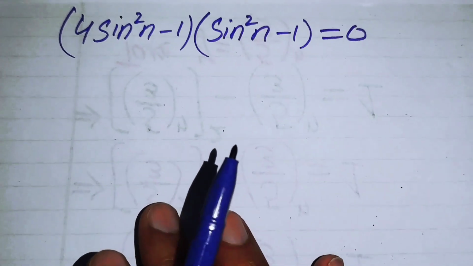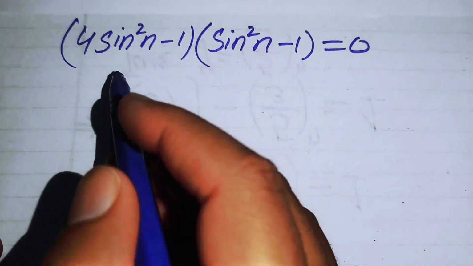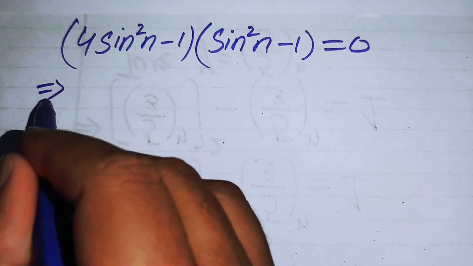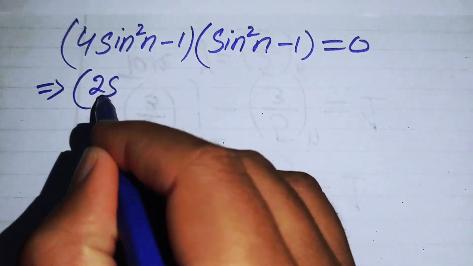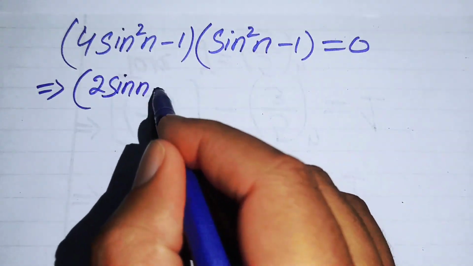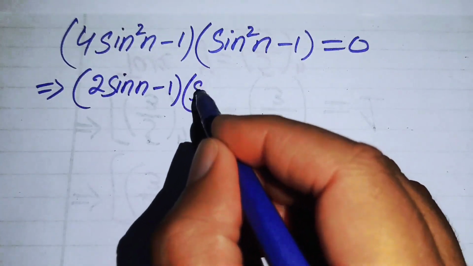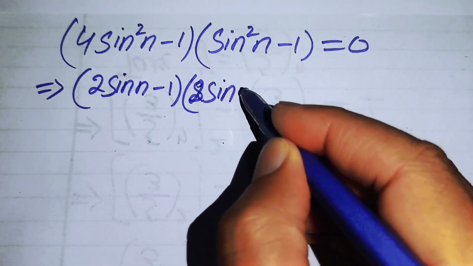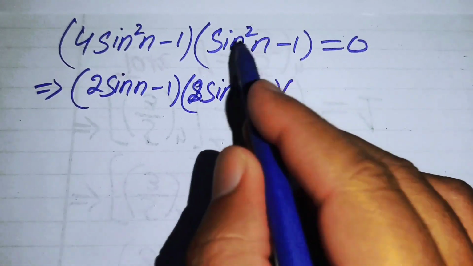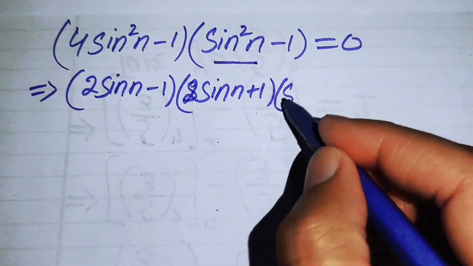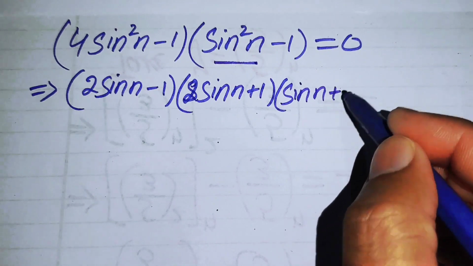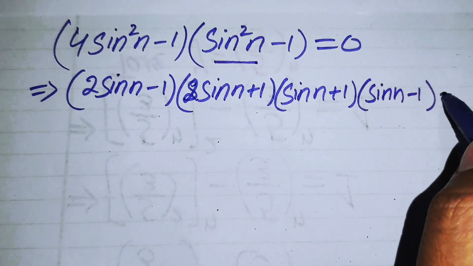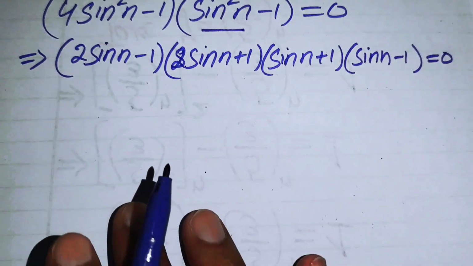Now we will solve these two factors, and we can again factorize these two terms. You will get 2 times sine n minus 1 into 2 times sine of n plus 1, and we write the other factor as sine of n plus 1 and sine of n minus 1, and this whole equation equals 0.